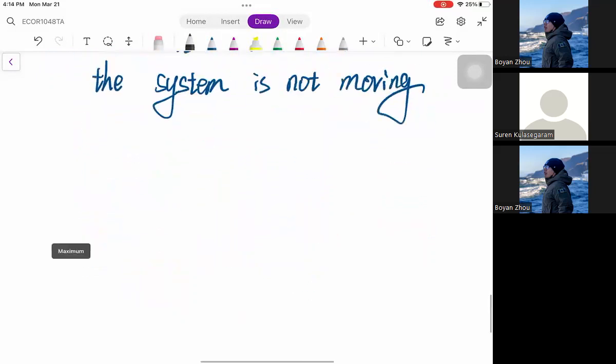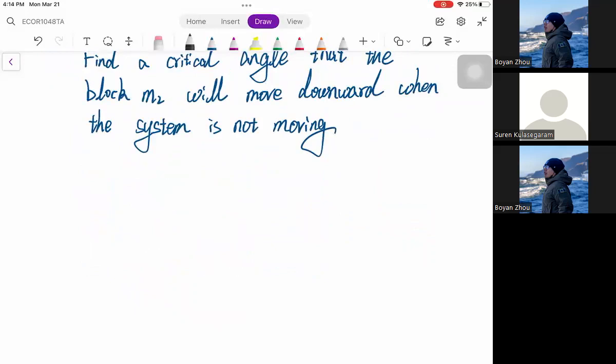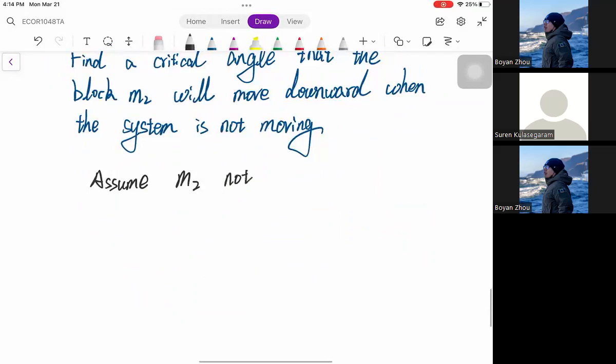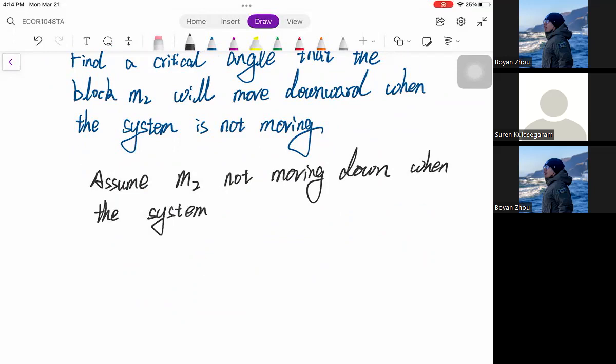In order to find that, we're just making an assumption. Let's assume M2 is not moving down, and the system is also not moving.